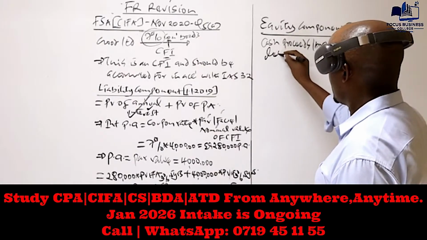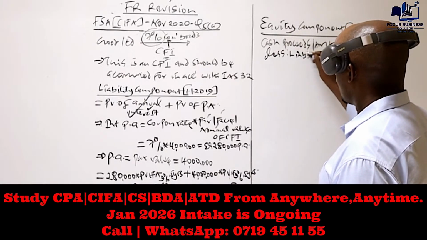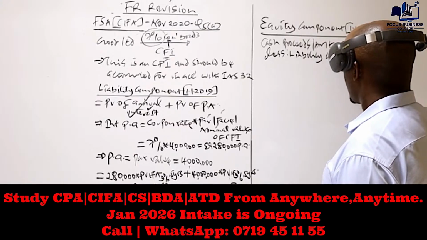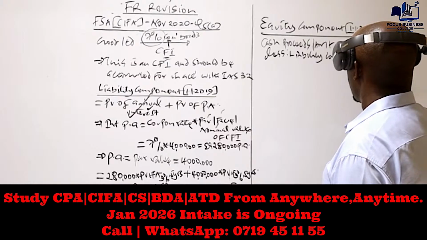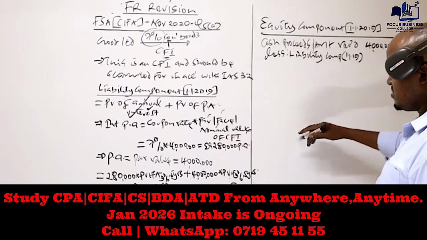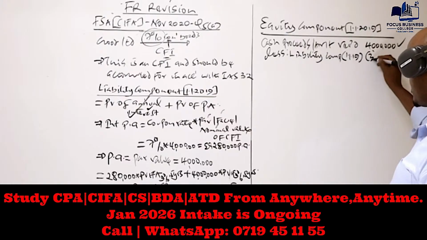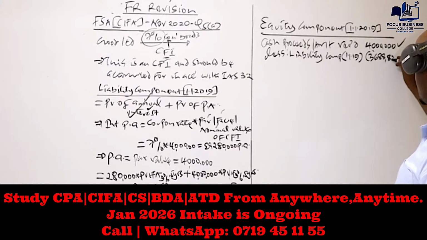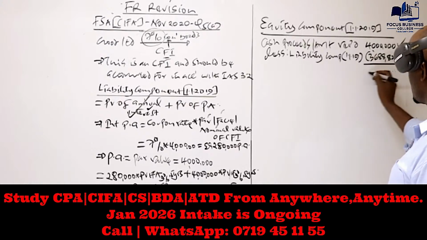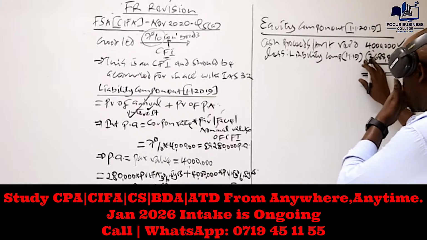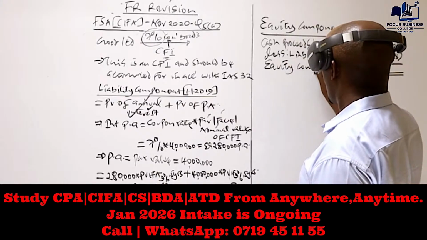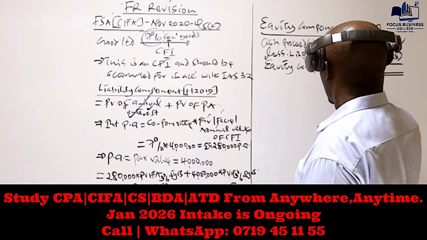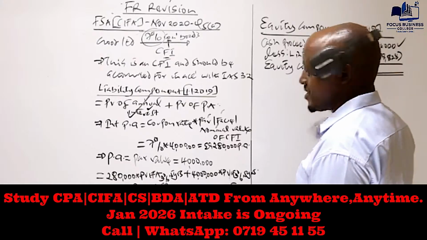So we take that, and then from this we less the liability component on the same date, 1st of January 2019, which is what you have computed here, 3,688,828. So the difference here will be the equity component on 1st January 2019.